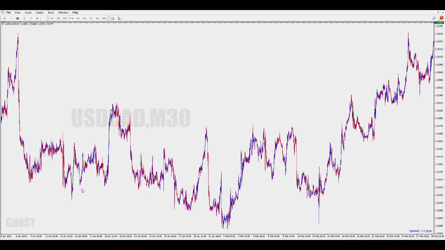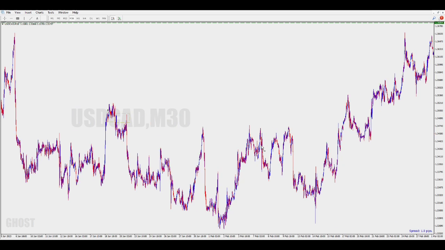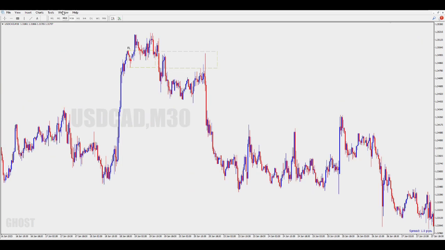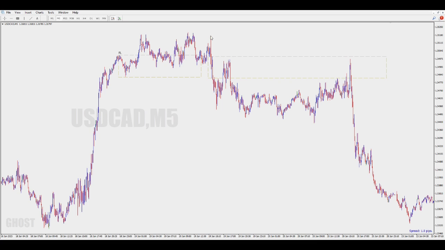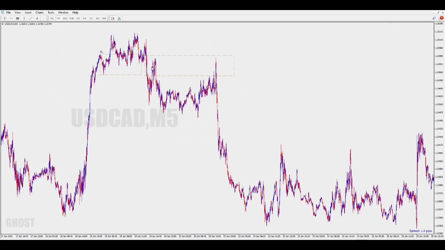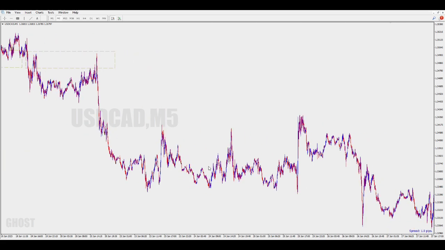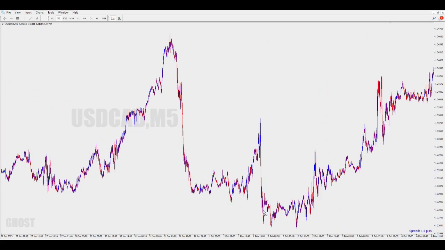So let's look into another example. What I don't like in this trade is the way it's super chaotic in this area. So I would definitely avoid trading this one. Let's look into another example then.